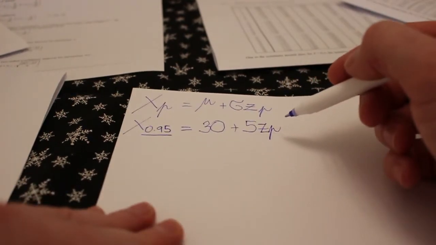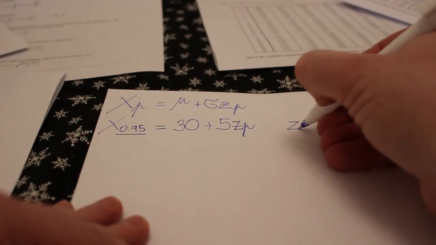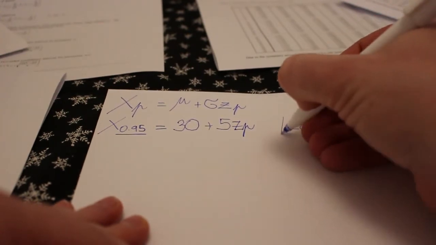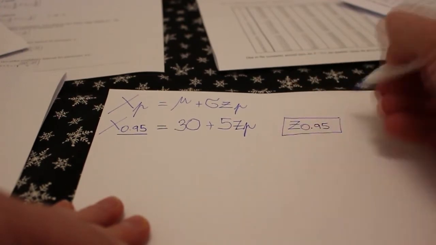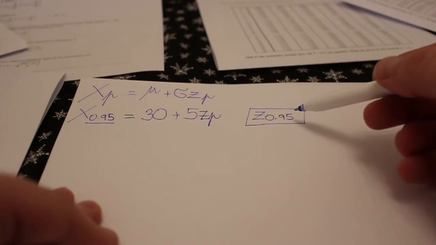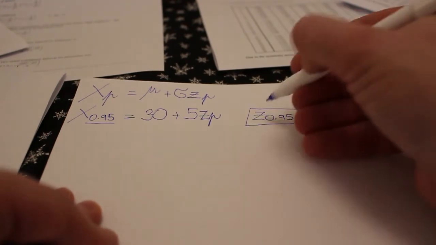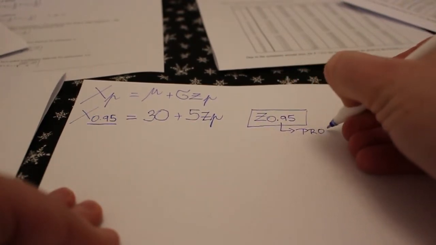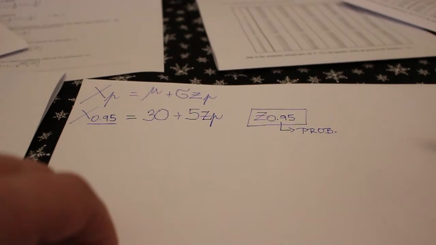We must find the quantile z 0.95, the 95% quantile of the standard normal distribution. This is a probability.